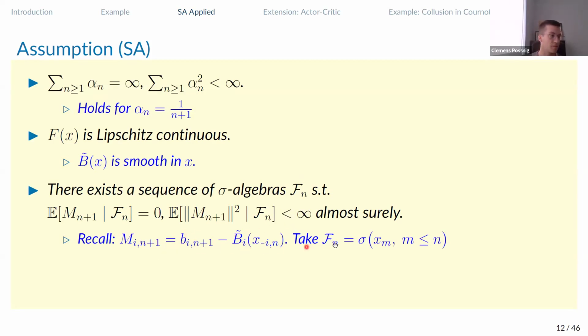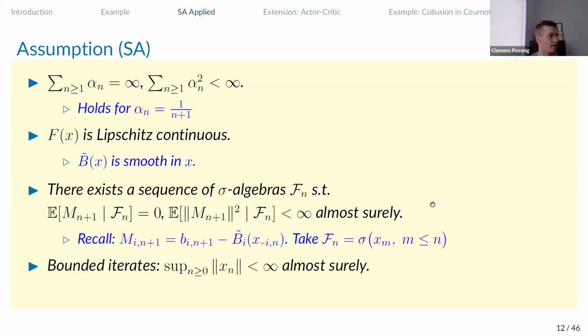In that case, if we take our sigma algebra to be the sigma algebra that is generated by the past history of empirical frequencies, that is more than enough for this result to hold, because players just play an action conditional on the current frequency. And finally, boundedness. By construction, the empirical frequency lives in the simplex, so everything is bounded. Not even almost surely, but surely.